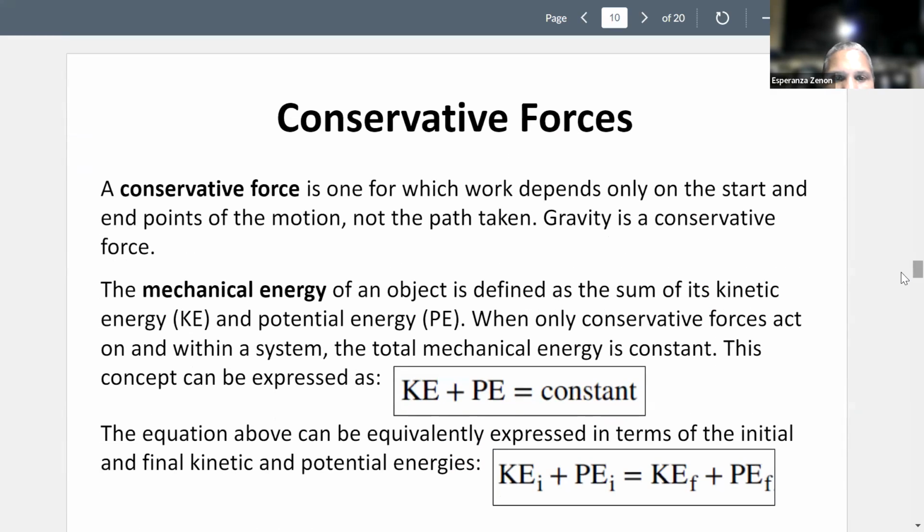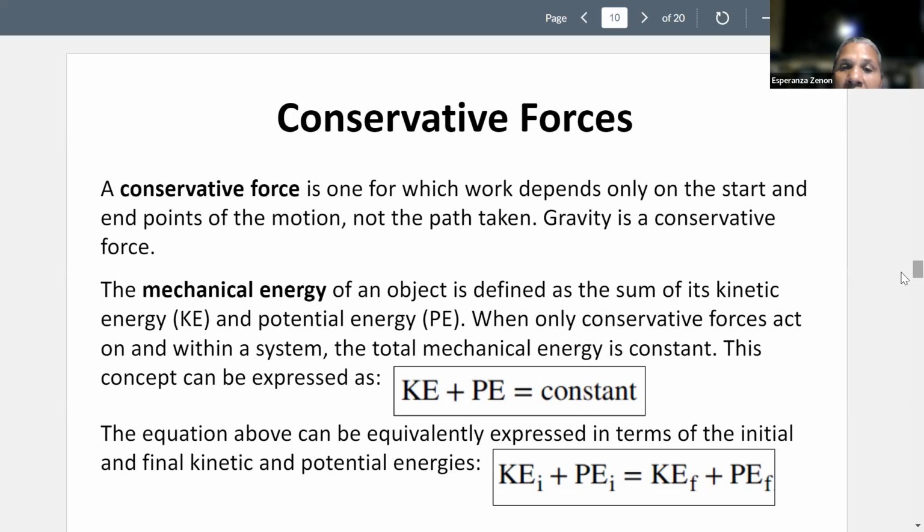Conservative forces. So any force that can produce work that does not depend on the path taken is what we call a conservative force. So in other words, the amount of work done only depends on from where you start and where you stop, not how you get there.